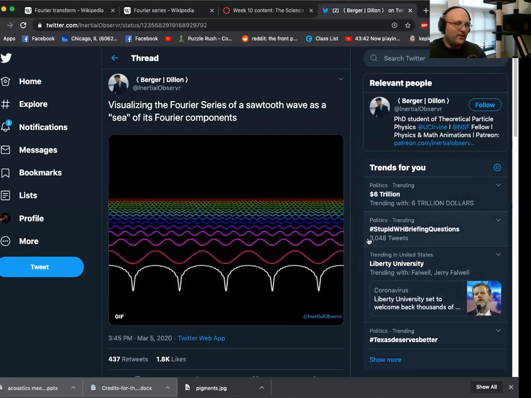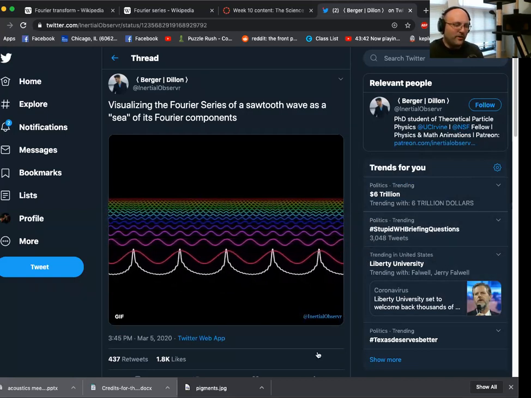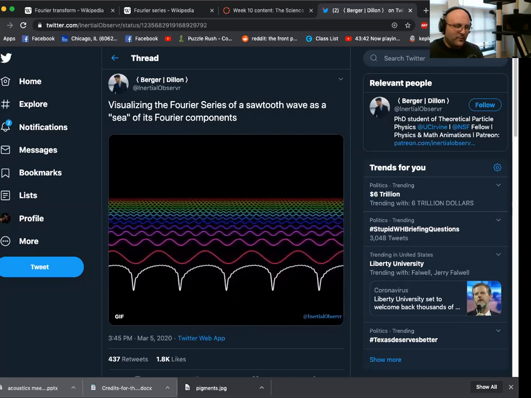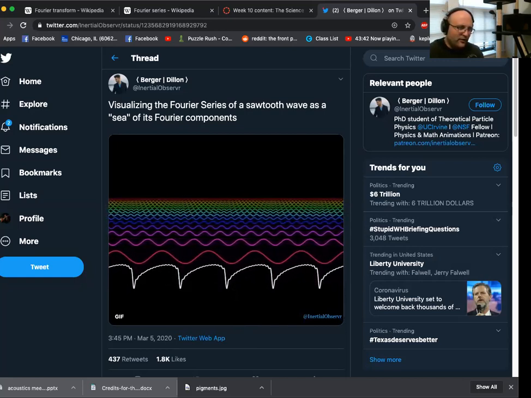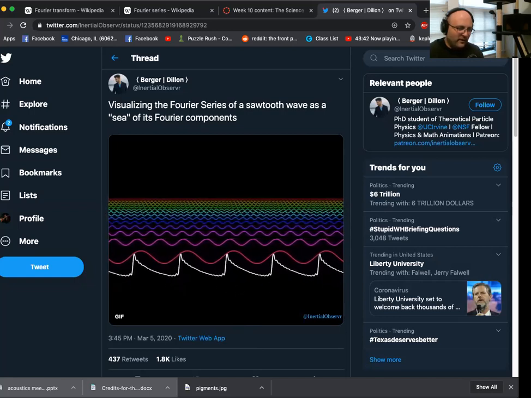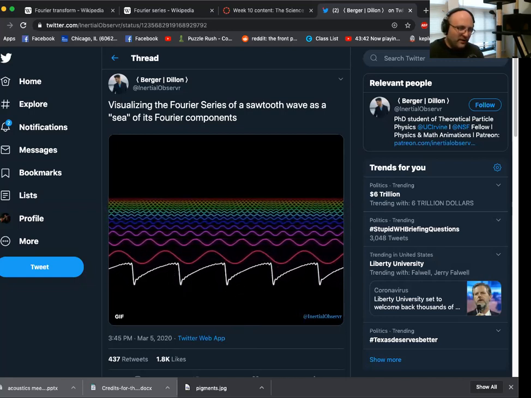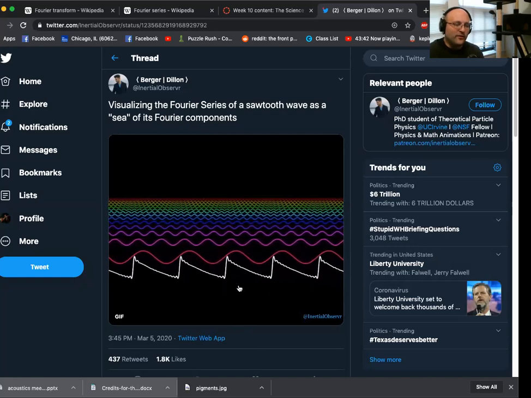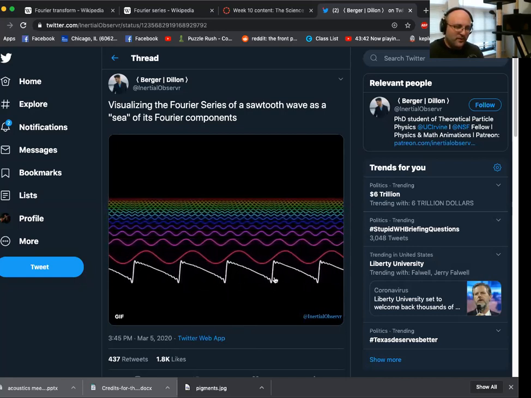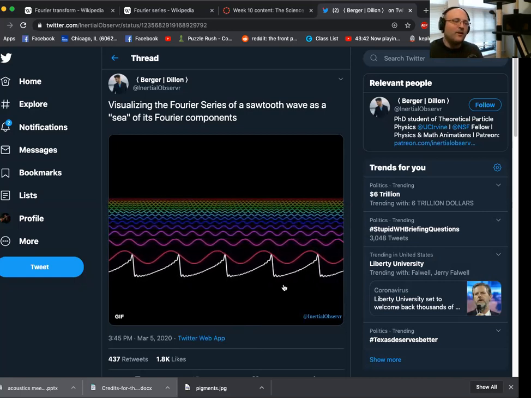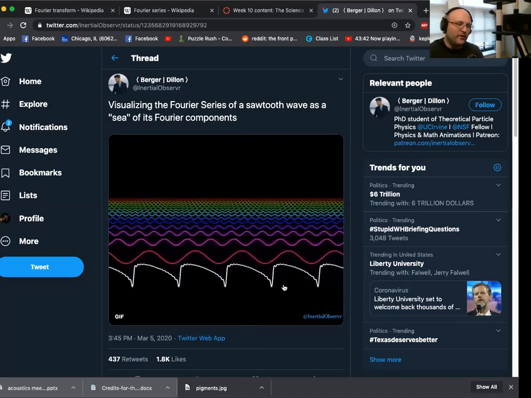But you can see as they all shift phases with respect to each other, the sum total, which is this white thing, shifts. At one moment like there, and one moment like there, you get two different saws, one going down to up, the other going up to down, depending on how they all line up with each other.